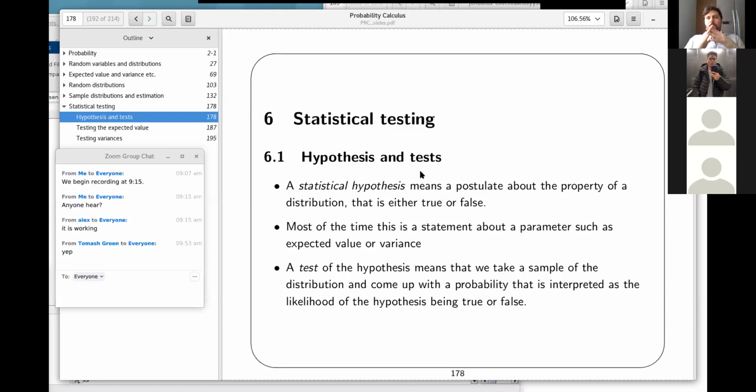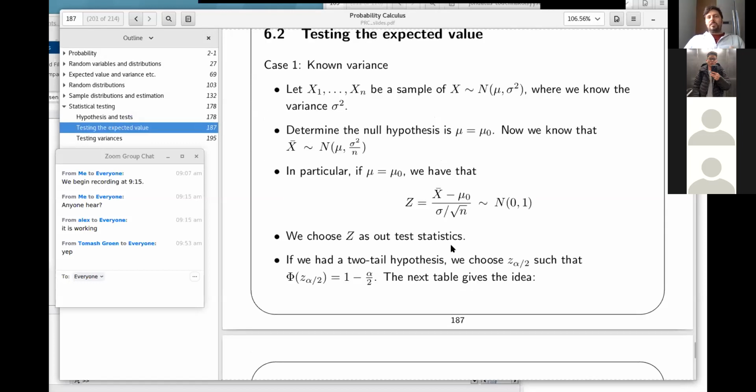Then you come up with the test statistic that should roughly have a known distribution. In the expected value case, it's fairly easy because we come up with either an N(0,1) distributed or T distributed variable, depending on whether we know or don't know the variance.